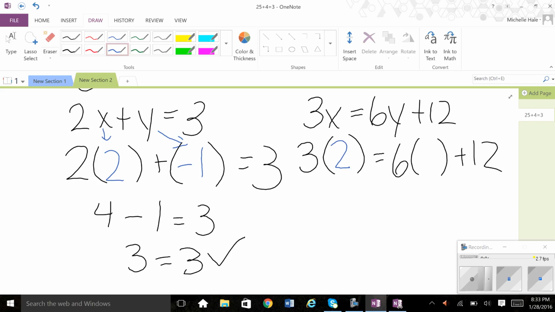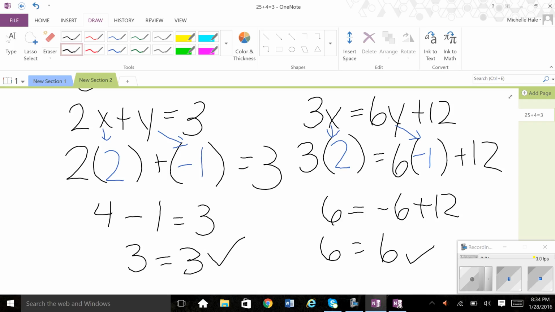Plug in 2 for x, negative 1 for y. Okay, so now I'm left with a 6 equals negative 6 plus 12. Negative 6 plus 12 is in fact equal to 6, so you know your solution works.